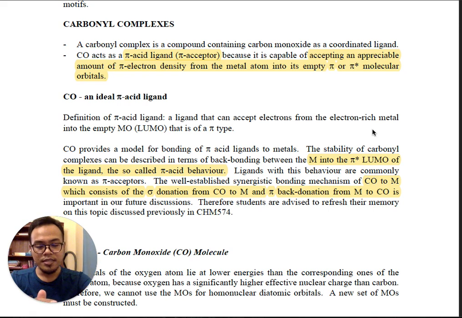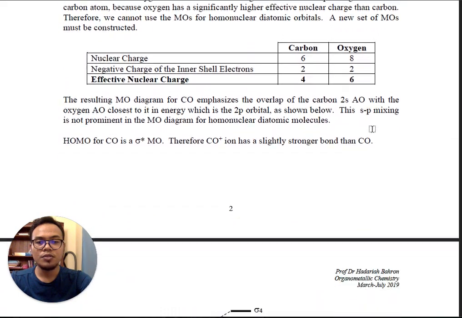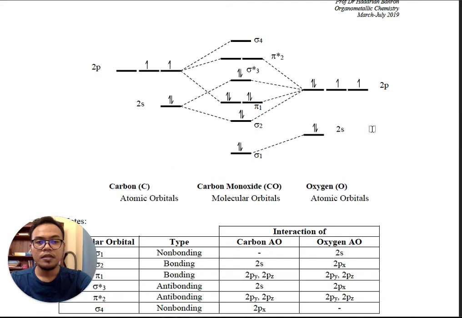We are referring to the sigma and pi orbitals of our molecular compound, which is the carbonyl ligand or carbon monoxide. Remember, the other day we went through this and learned how to construct the molecular orbitals of carbon monoxide.